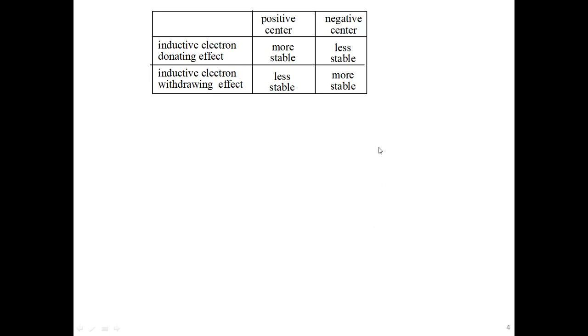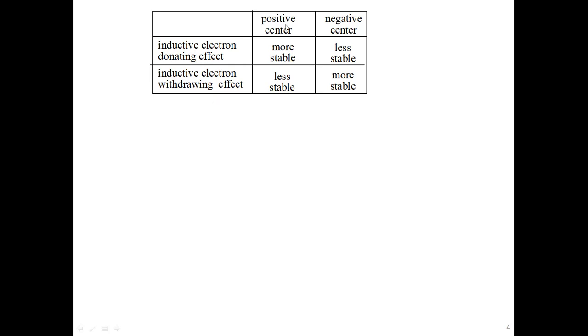So let's do a little problem here. What we're saying is that if we have a positive center, then inductive donation should help because we're donating electron density into something that is a little bit positive. If we had a negative center, then inductive donation into the negative center should not help. That should destabilize. It should be less stable. We could turn that around.